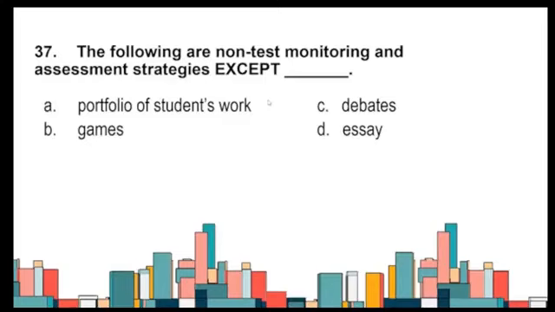Okay, so that's letter D. Letter D, essay, is a test monitoring, no? So that's the exception. The portfolio, debates, games, those are friendly, no? Those are interactive ways on how the teacher can tell the learners are learning without putting pressure on the learners.